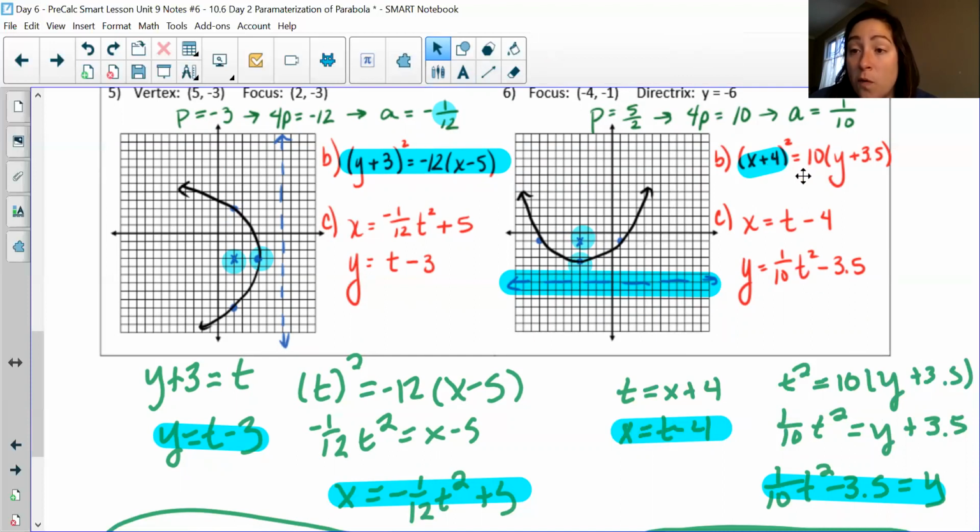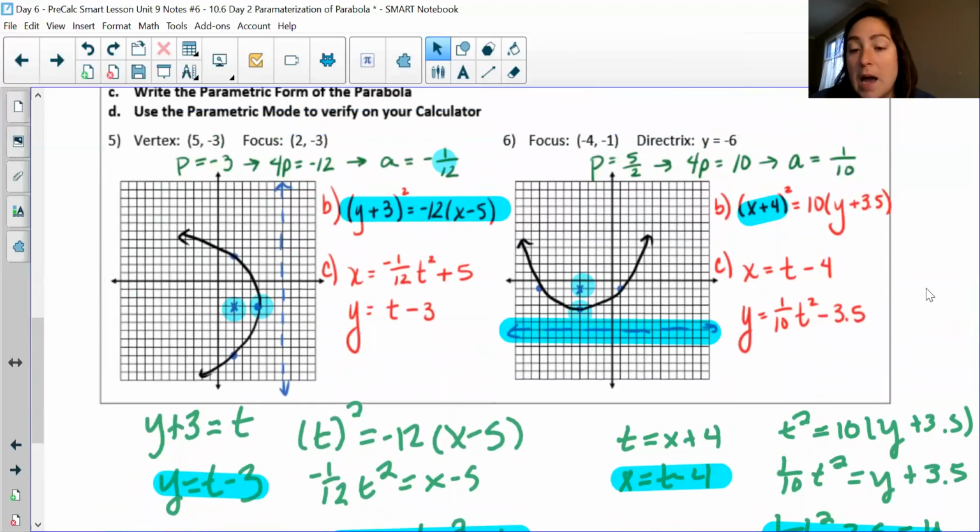Since our 4p value is 10, our a value is 1/10, the reciprocal. And since the x coordinate of our vertex is -4, we get x equals t minus 4. And since the y coordinate of our vertex is -3.5, we get y equals 1/10 t squared minus 3.5. Again, either way you do it, whether you use the substitution or the pattern.